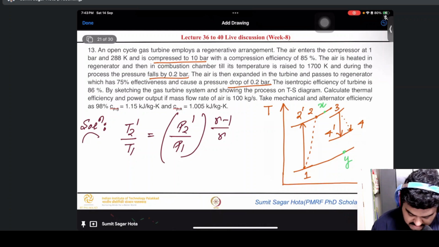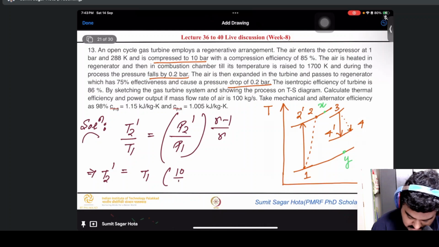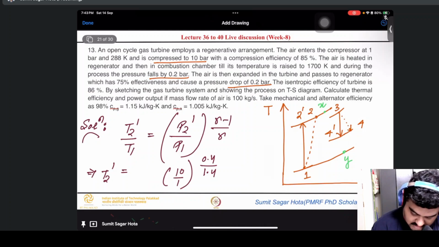So T2 dash is equal to T1 times, P2 dash is your 10 and P1 is your 1, so 10 by 1 to the power 0.4 by 1.4. T1 is 288 Kelvin. If you solve it, you will get T2 dash as 556.04 Kelvin.